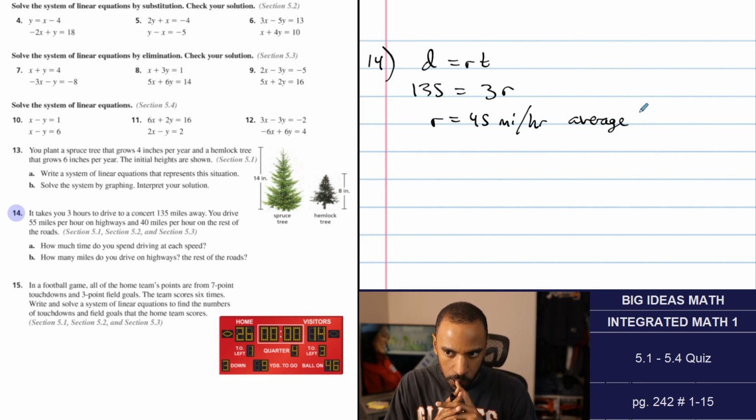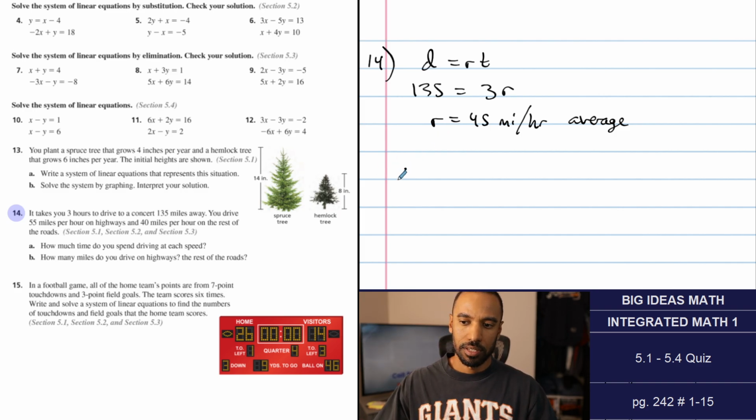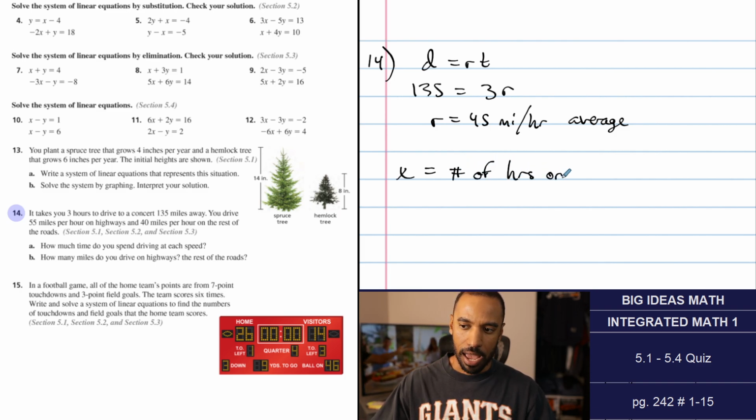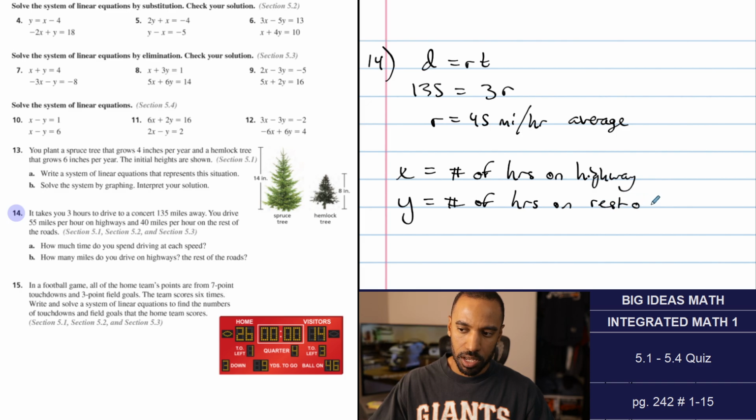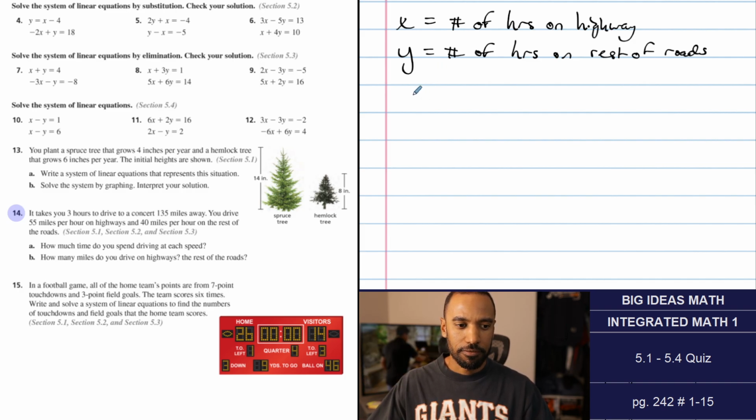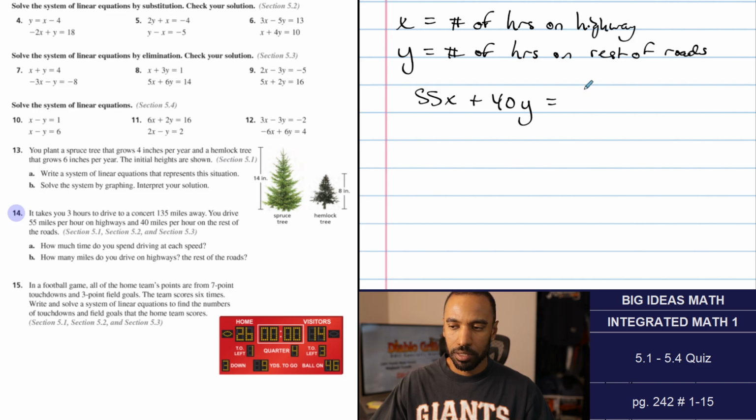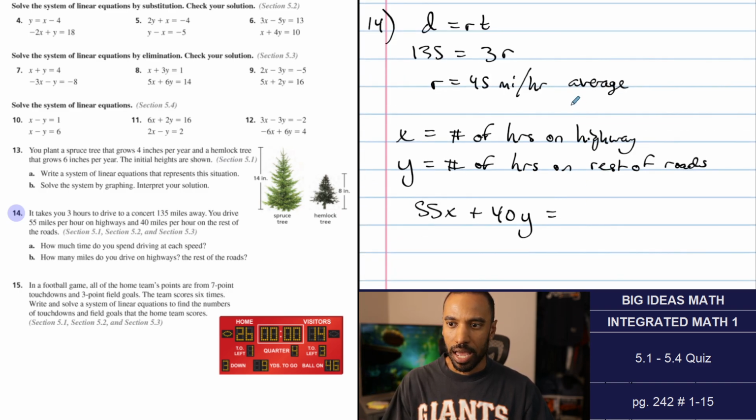So if x is the number of hours on highway and y is number of hours on rest of roads, what I have here is 55 miles per hour times the number of hours on highway plus 40 miles per hour times the number of hours on roads equals, well, that equals the 135.